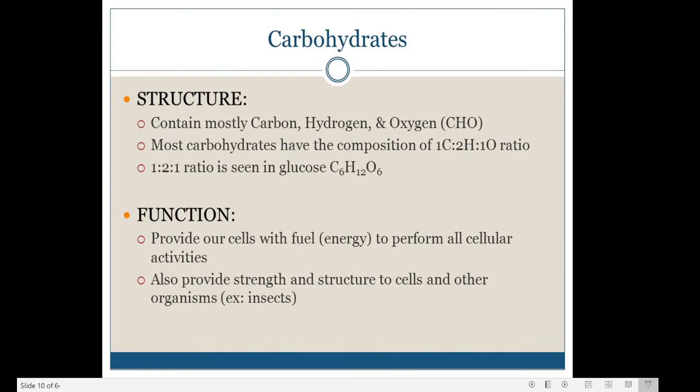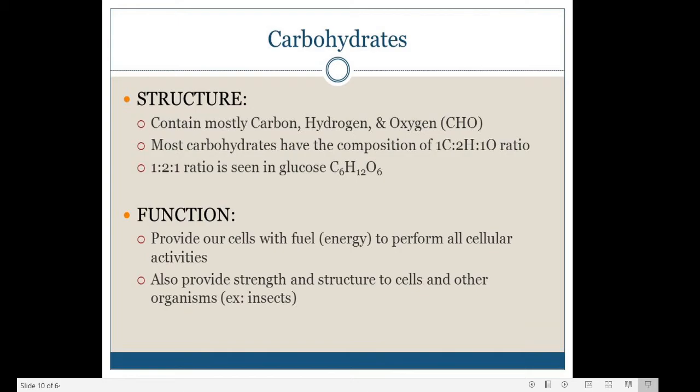Now we are entering into the carbohydrate structure. The carbohydrate structure has carbon, hydrogen, and oxygen atoms, without any other functional groups. Carbohydrates only have carbon, hydrogen, and oxygen.